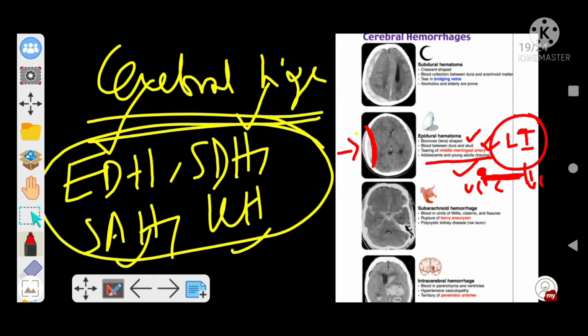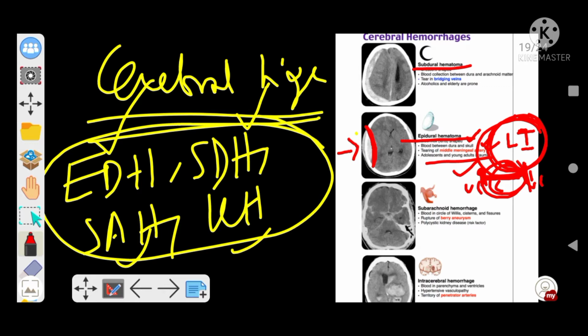The period for which he remained conscious is your lucid interval. In epidural hematoma we see lucid interval. In SDH, this one, we also see lucid interval, right?